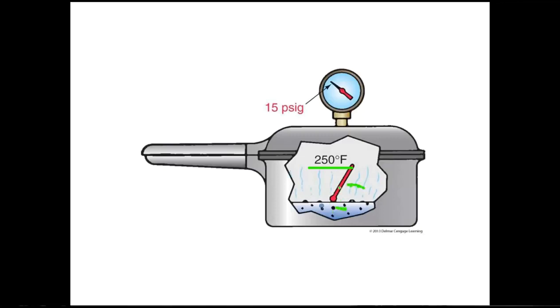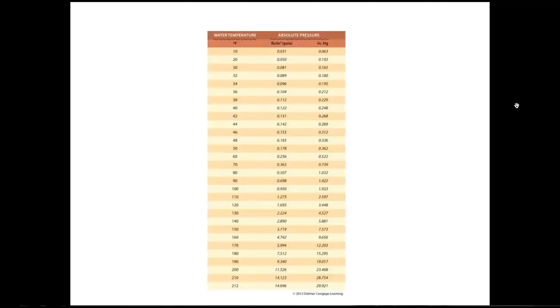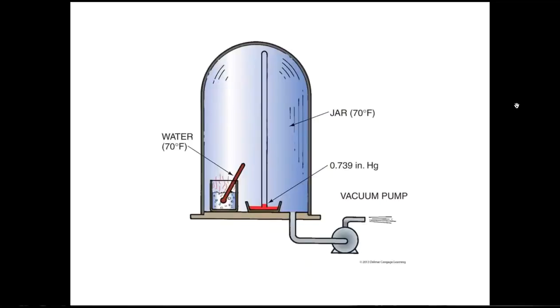And if we add heat, it's going to change state from liquid to vapor, and if we remove heat, it's going to change state from vapor to liquid. Okay, and this is just an example. If we have a bell jar and we have a vacuum pump and vac it out, we can make water change state at 70 degrees Fahrenheit.